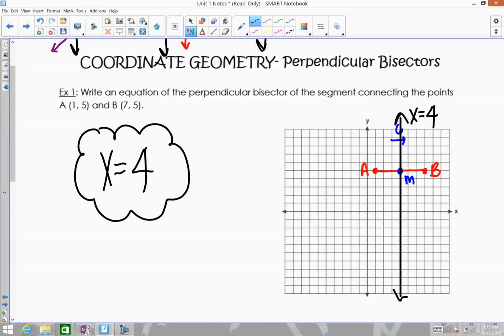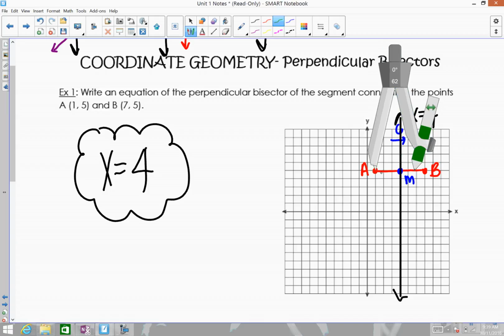Now, just to show you that you can do this on a graph like what I just did. But remember, in the last lesson, you talked about constructing a perpendicular bisector with a compass. So watch what happens if I apply that here. If here's my segment, and I do the construction of a perpendicular bisector, that means take your compass more than halfway.